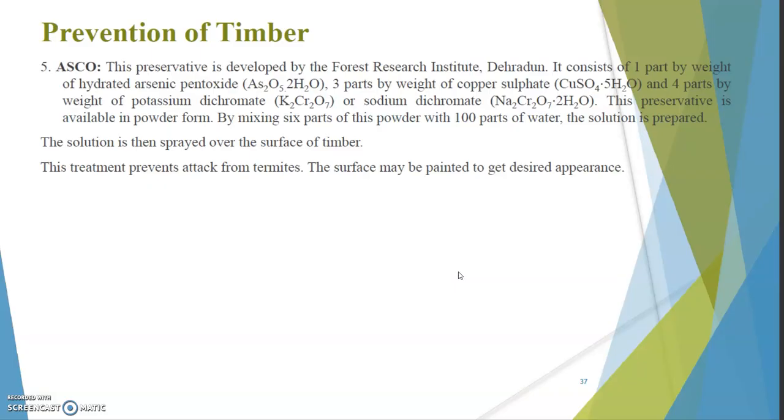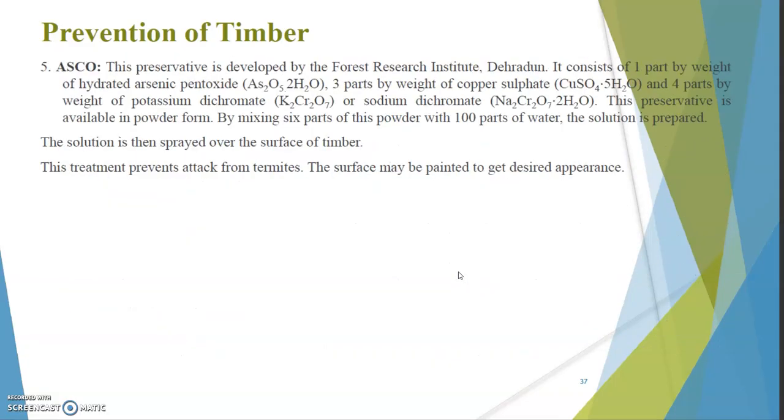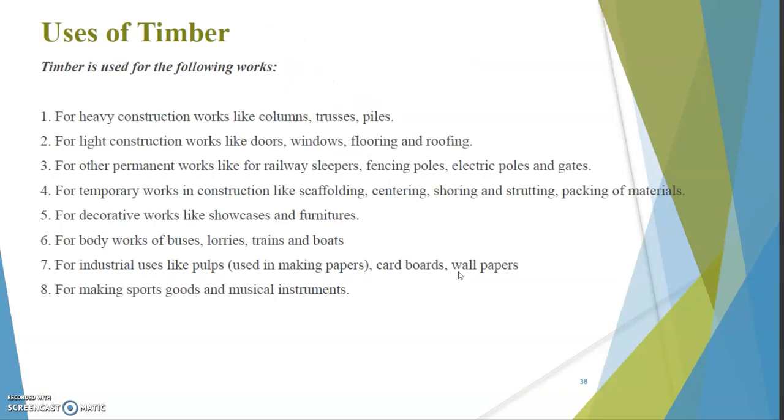So to avoid that, people have come up with this option, right? So this is how people are doing the prevention of defects: by applying tar, paint, chemical salt, creosote oil, and finally ASCO as a researched solution, right?